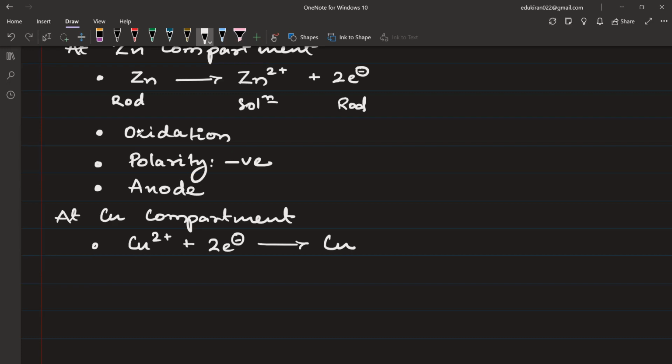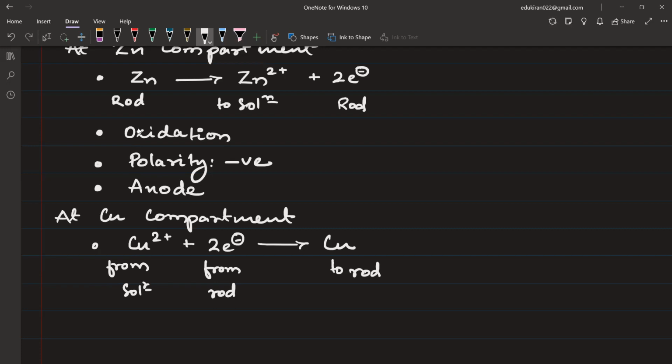This Cu2+ is coming from solution, the electrons are coming from the rod, and this copper is getting deposited on the rod. Got it? Yes or no?